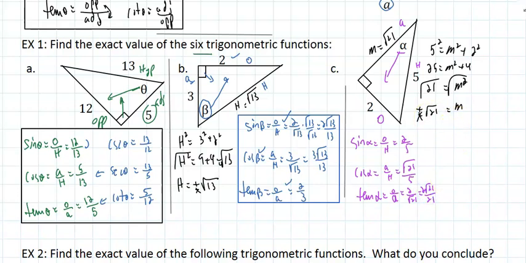And the cosecant of alpha is the reciprocal. The secant of alpha would also be the reciprocal, 5 over square root of 21. And if you rationalize, that's 5 times the square root of 21 over 21. And the cotangent of alpha would be the reciprocal of the tangent, which is square root of 21 over 2.